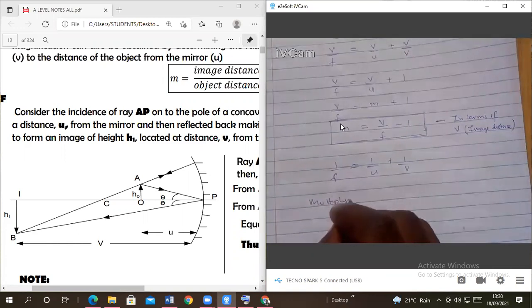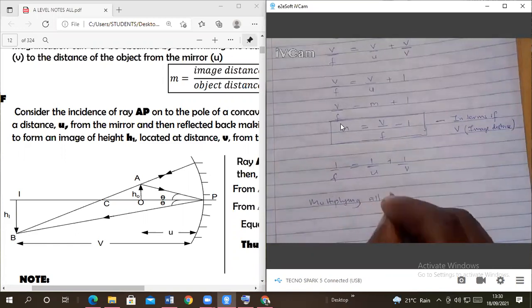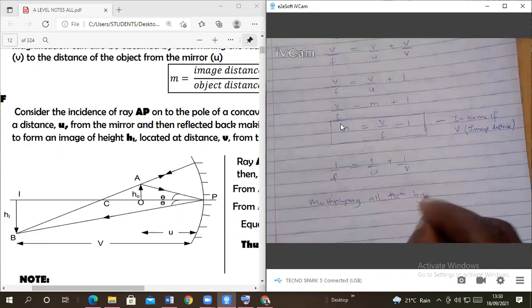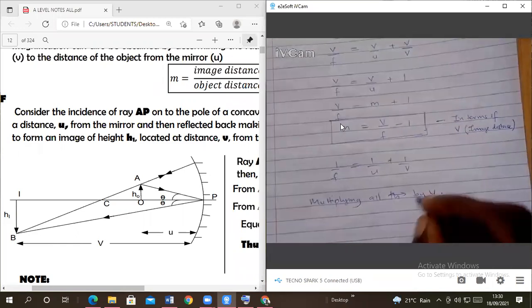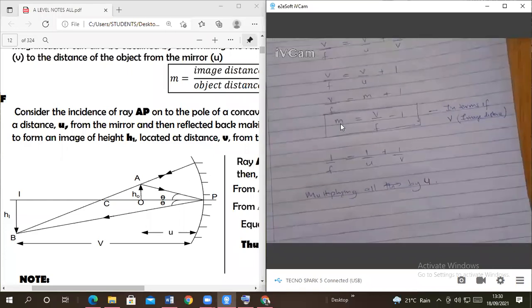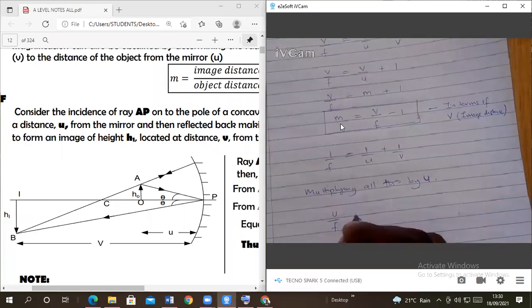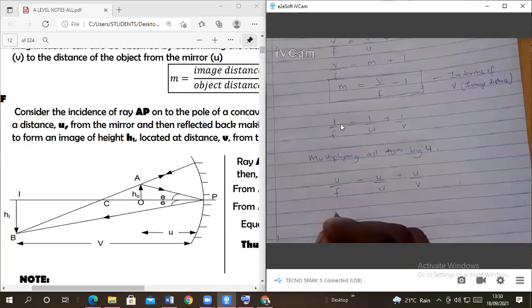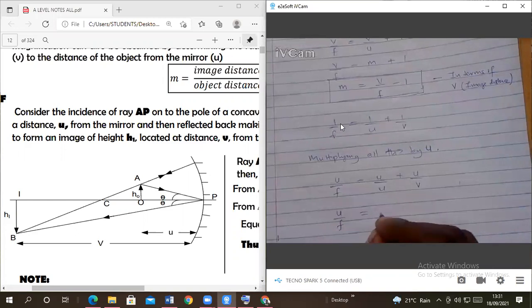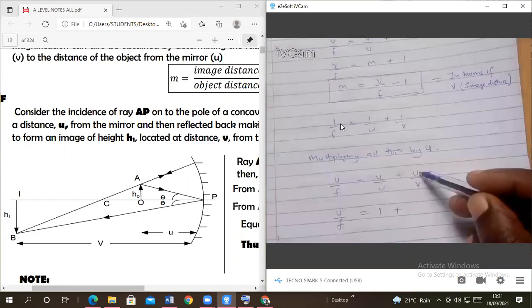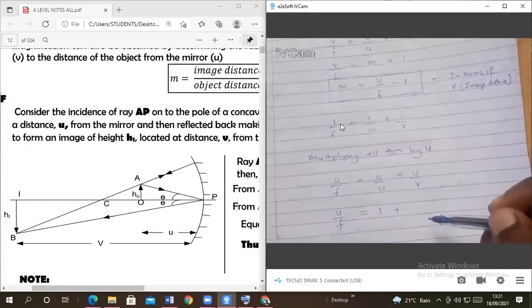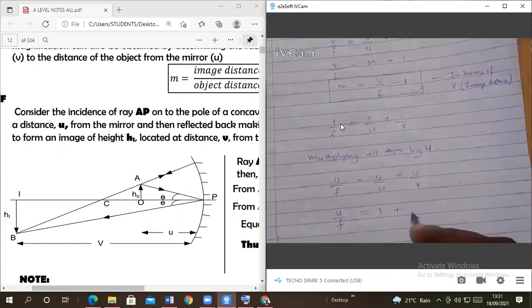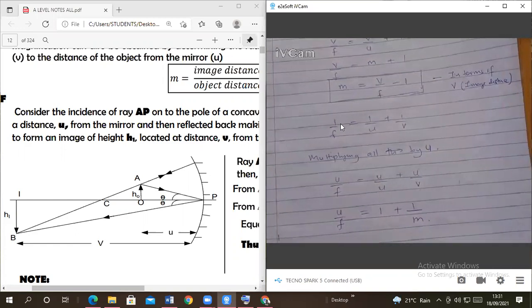By U. So I multiply all through by U. So I have U over F equals U over U plus U over V. So it means that I have U over F equals 1 plus V over U, which is the reciprocal of 1 over M. Are we together?